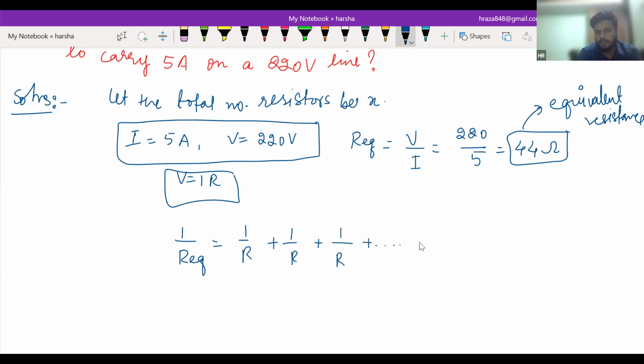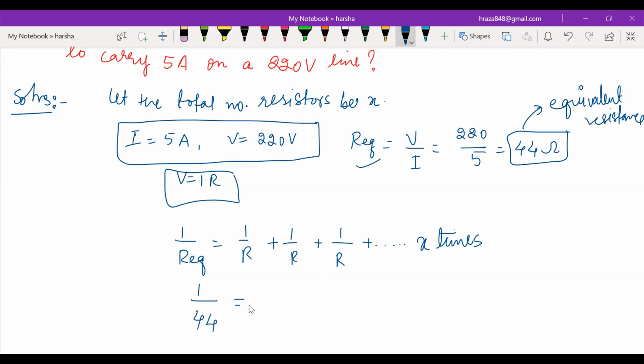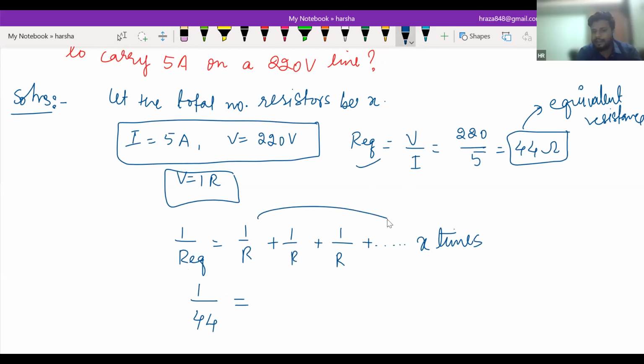This plus dot dot dot X times, because we took X resistors. Now, 1 upon R equivalent has the value 1 upon 44. If it is X times, it will be X upon R. If it is 2 times, it will be 2 upon R because the LCM is the same and R has the same value.